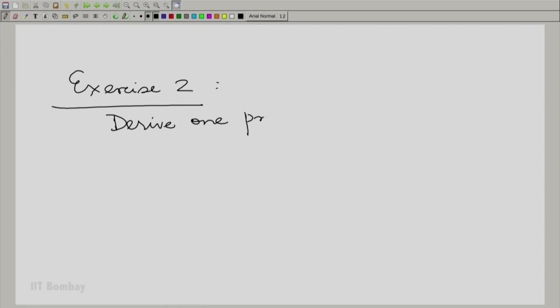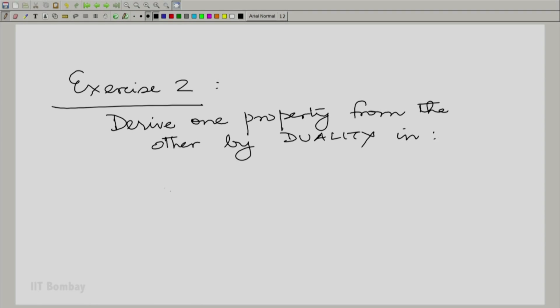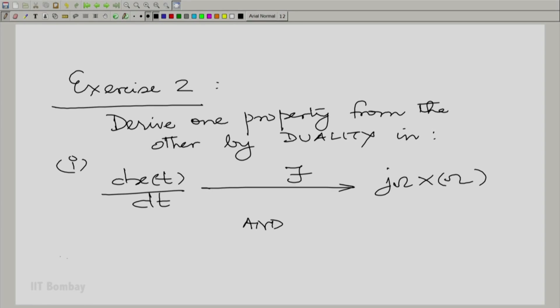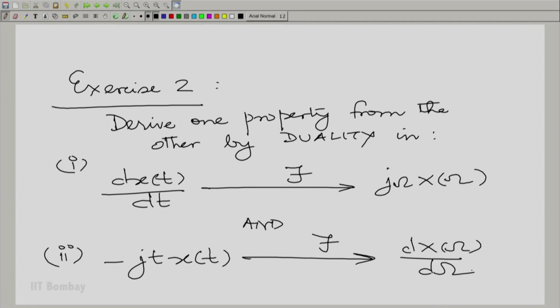And the other exercise that I am going to give you is exercise 2. Derive one property from the other by duality in the following. So, this is one and this is the other. What I mean in this exercise is, you of course have these two properties derived independently, but you know the basic principle of duality.